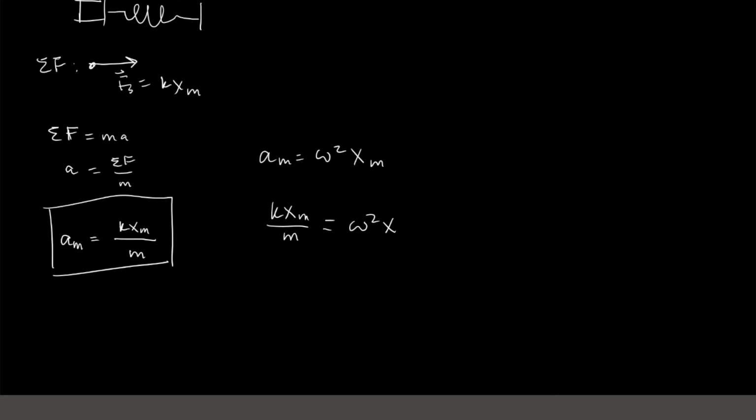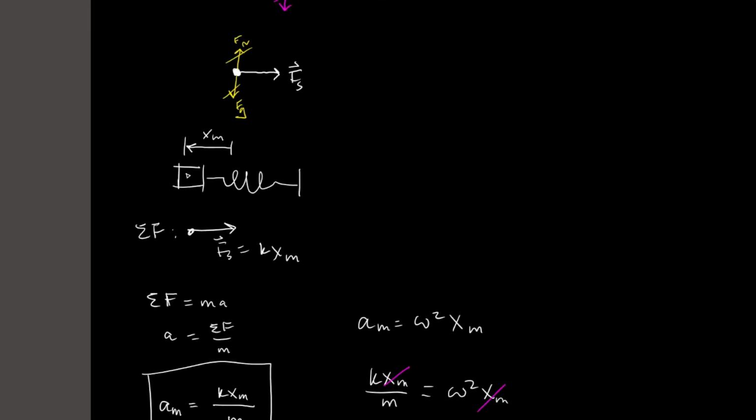And we can solve this for our angular frequency. So xm multiplies both sides, so we can cross that out. And then we get, by square rooting both sides, omega, angular frequency, equals the square root of our spring stiffness divided by the mass of this box.